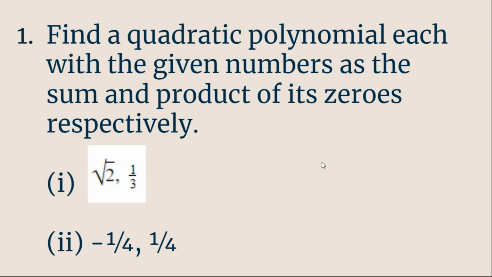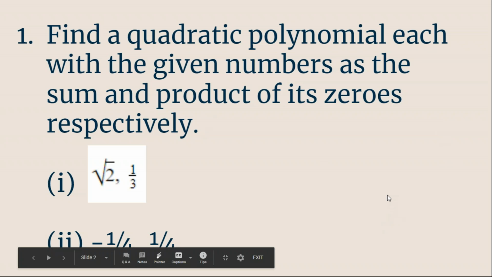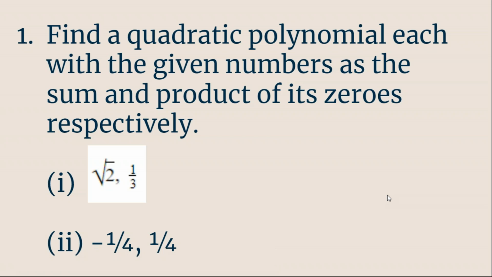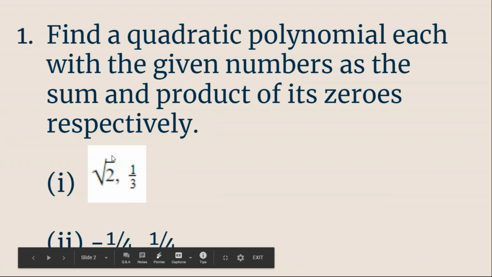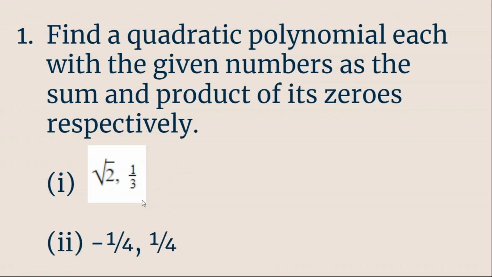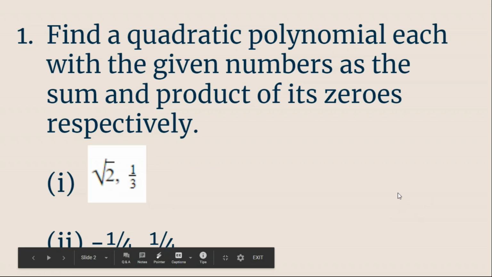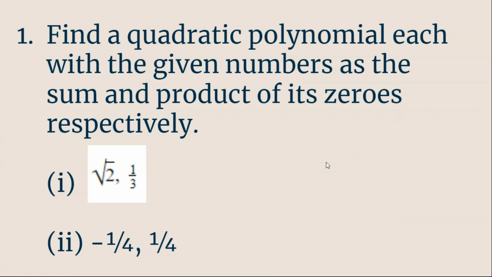If you remember, the zeros of a polynomial are given as alpha and beta, so the sum will be alpha plus beta. In this case, alpha plus beta is given as root 2, and alpha into beta is 1 by 3. Now I hope it's ringing any bells. Anything? Okay, let's see who can try solving this question.